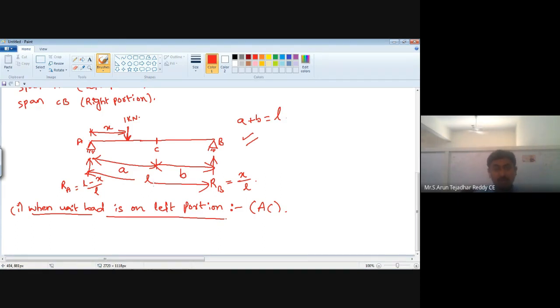Now calculate shear force at point C. Shear force at C.